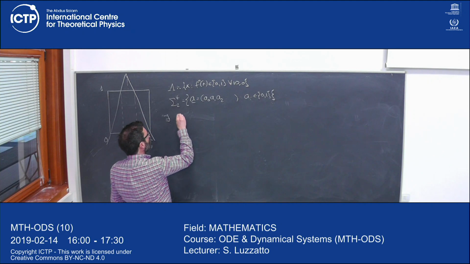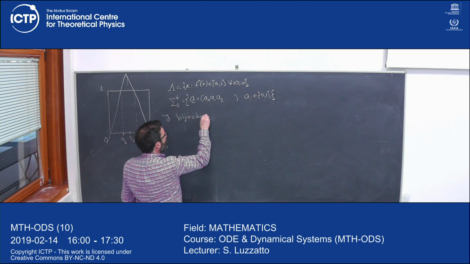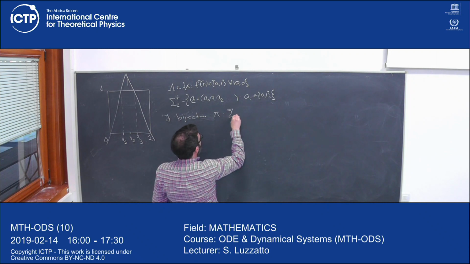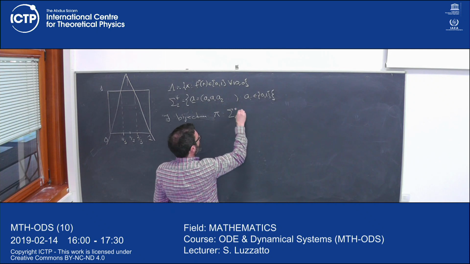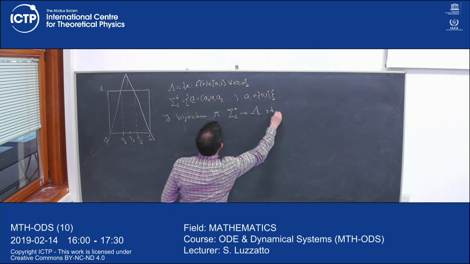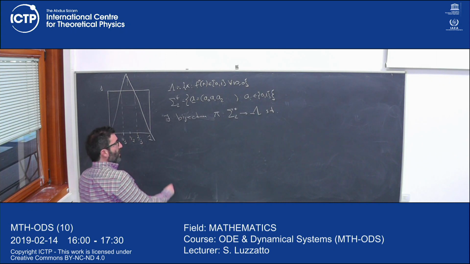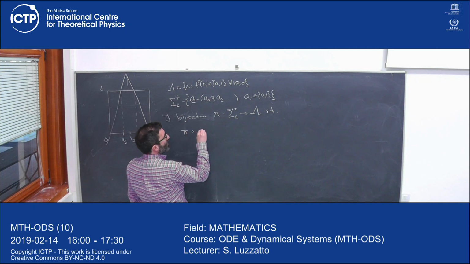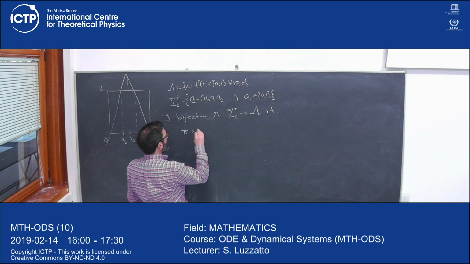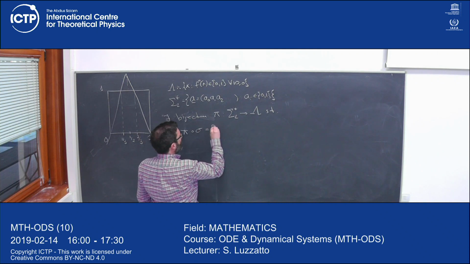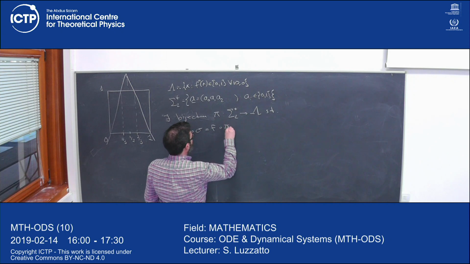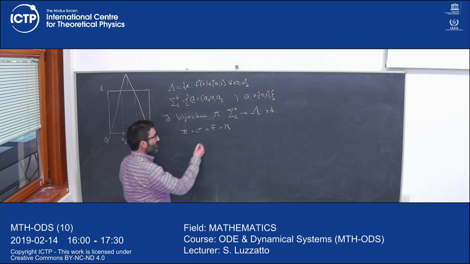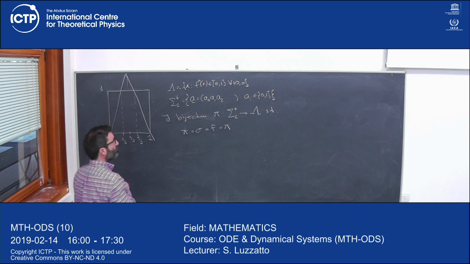So there exists a bijection pi, and for a bijection it doesn't really matter which direction we define it, but we define it like this, such that pi composed with sigma equals f composed with pi, where f is restricted to Lambda. It's clear.